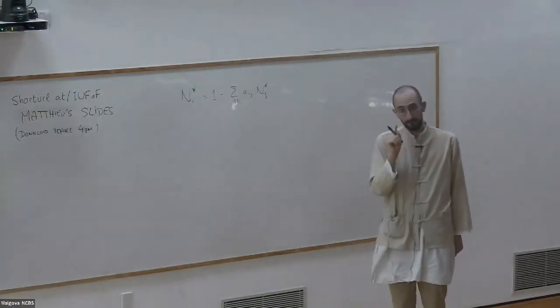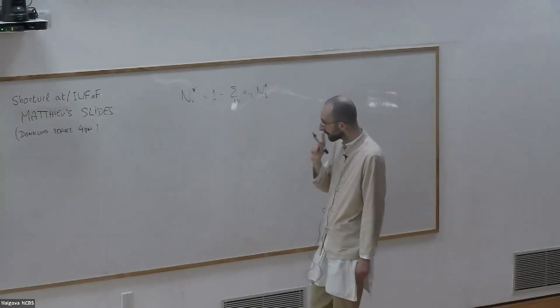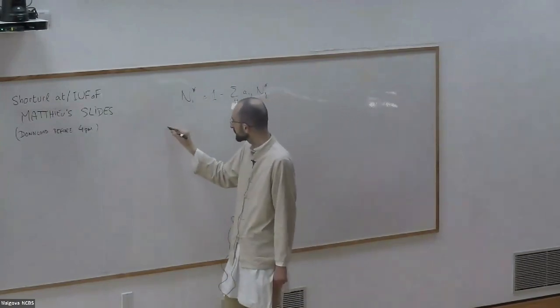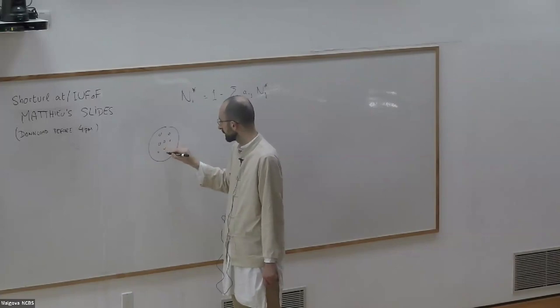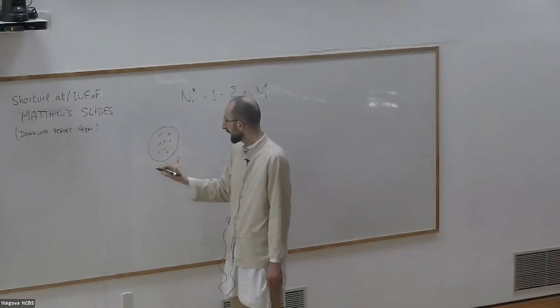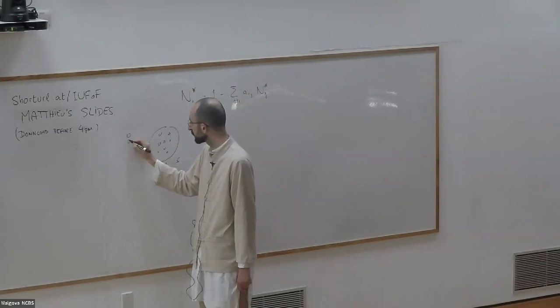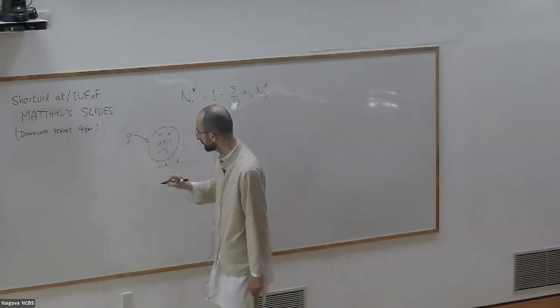Now, one way to get to independence is to say, imagine that I have a community with many species, I going from 1 to S. And now imagine that I add a species 0 to the system.